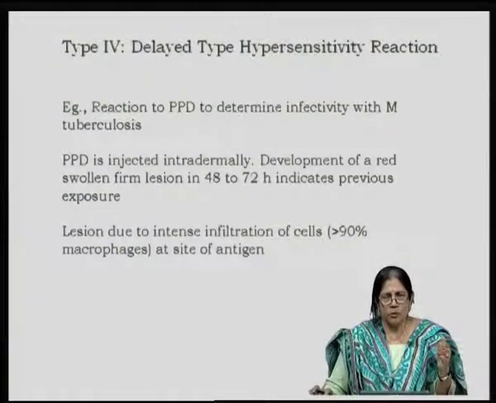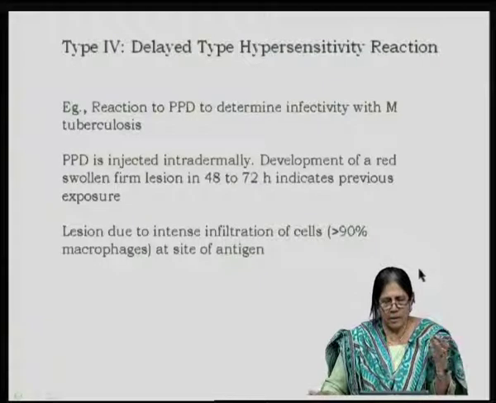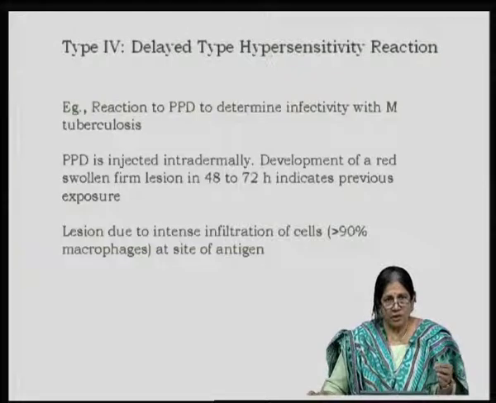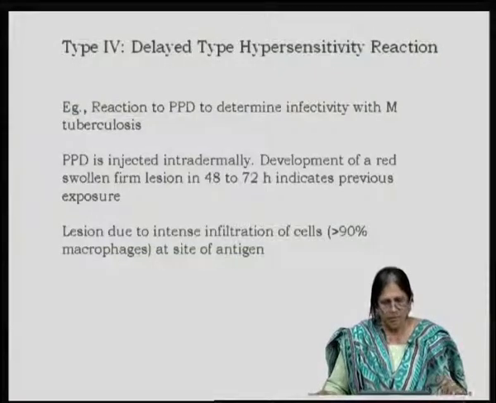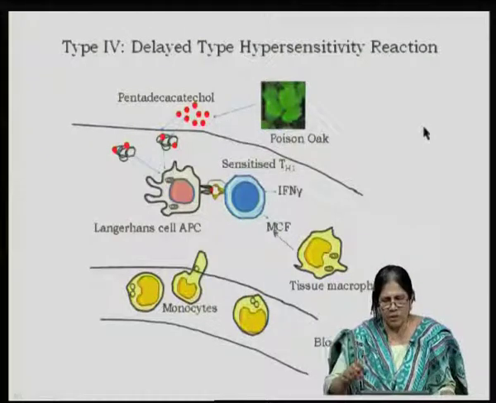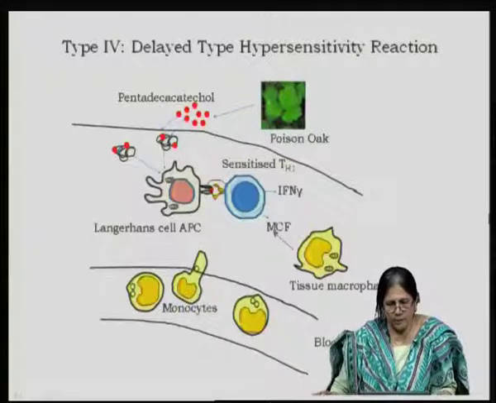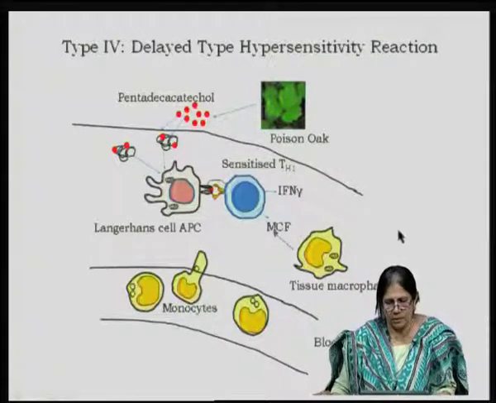If you were to take a thin section through this lesion, you will see that there is intense infiltration of cells, which are definitely different from the epithelia, and these would be macrophages. Now, this particular slide tells you a little bit more in detail about the actual reaction that takes place.